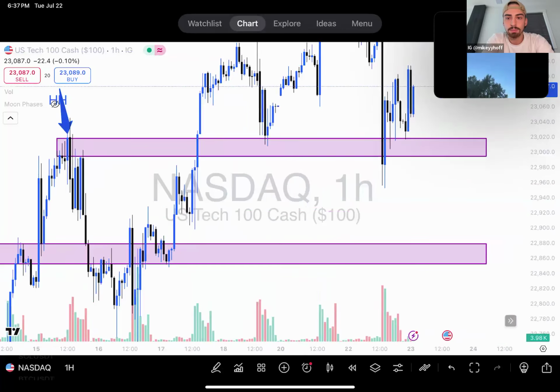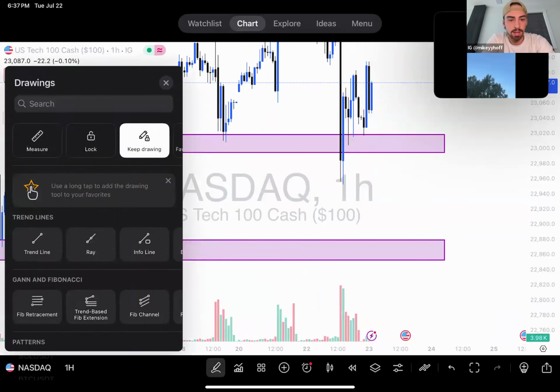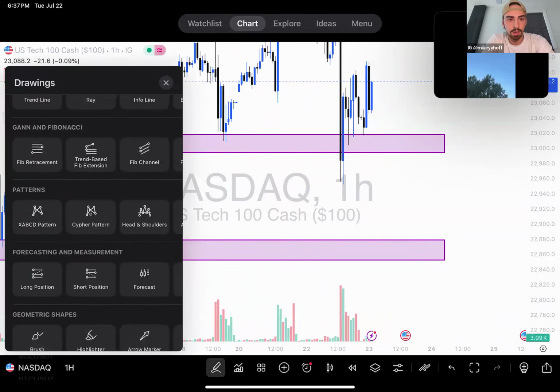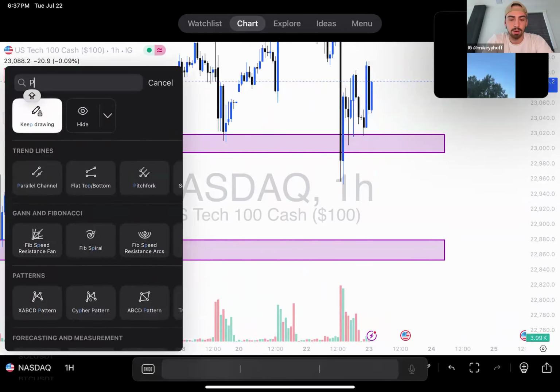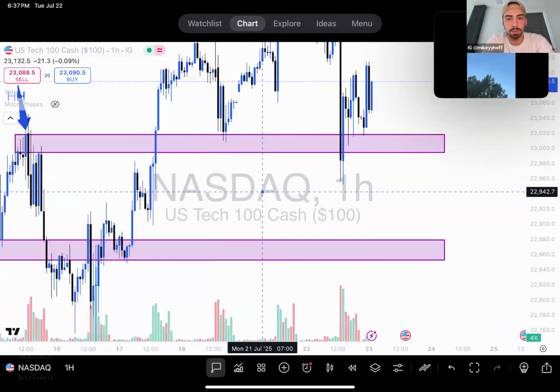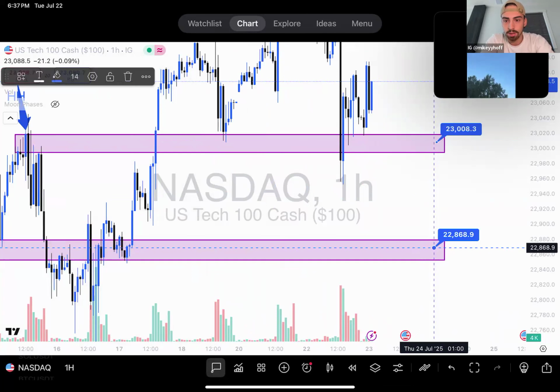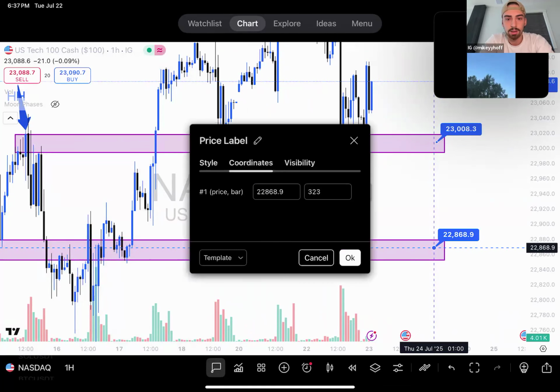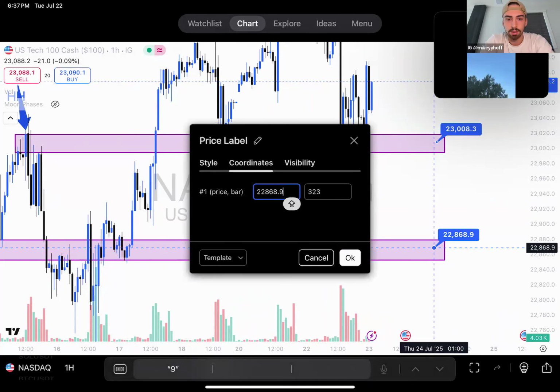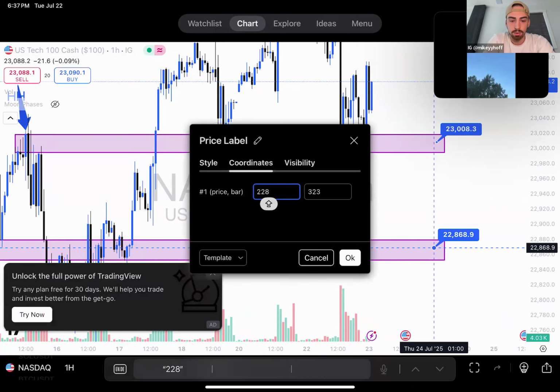And then from there, the last step that we want to do is grab our price label, put one here, and put one here, right? In this case, we are going to use 22.75.